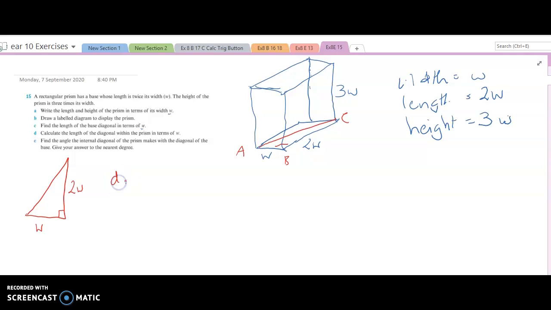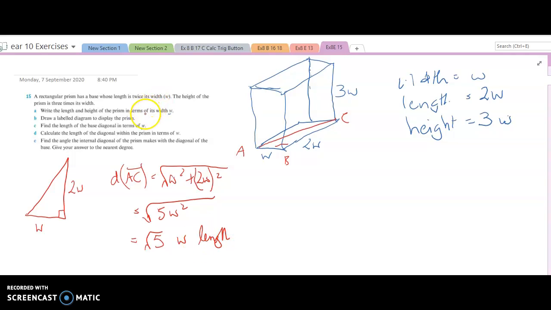The length of AC, which is a line segment, is the square root of W squared plus 2W all squared, which gives us 4 plus 1, 5 lots of W squared. Square root it, so it'll be root 5 W, and make sure you put the W to the side, its length.